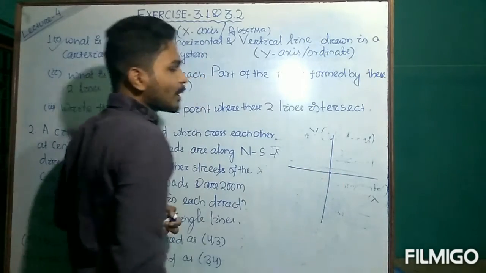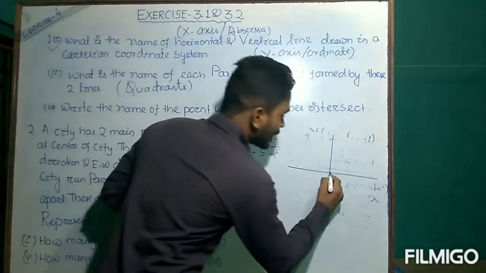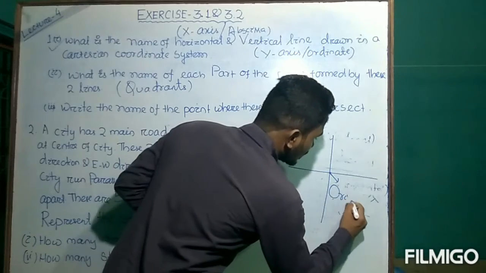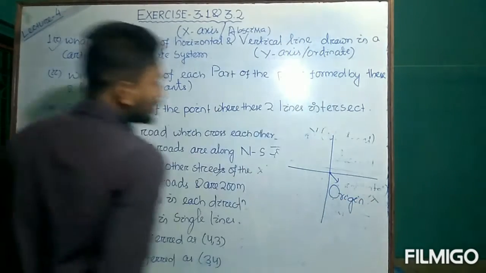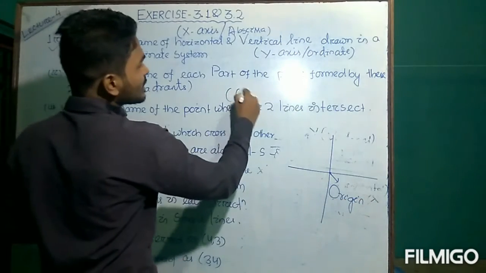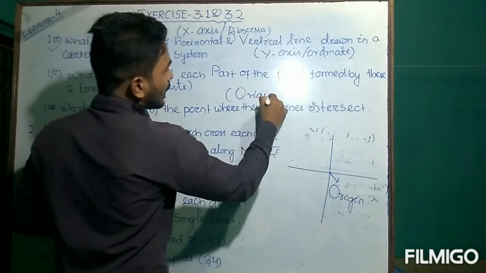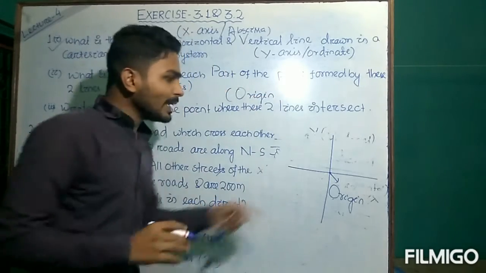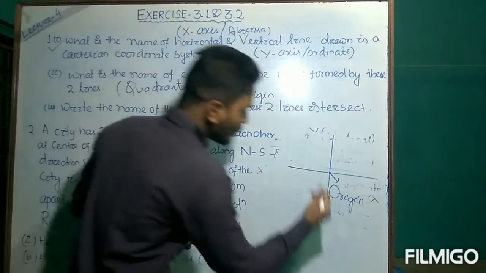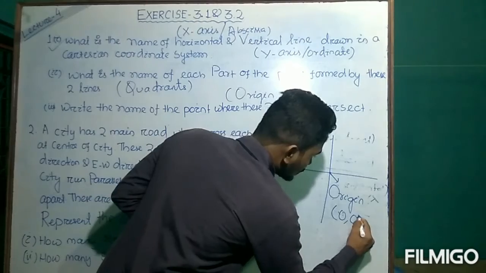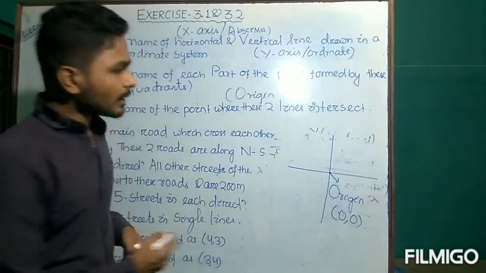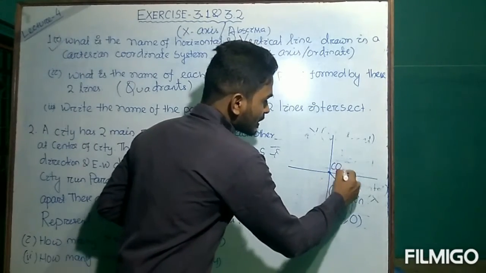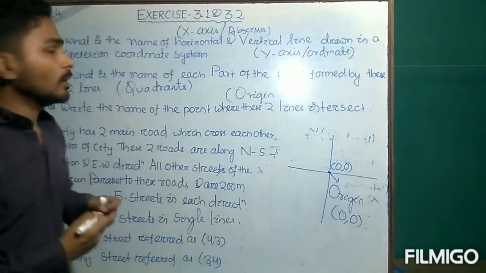What is the name of this point? The name of this point is origin. Clear? So its answer is origin. And if the question asks you to find the coordinate of that origin, its coordinate is (0, 0).